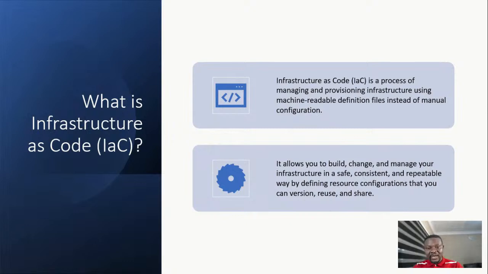You don't have to make errors. It takes away human errors in the process of deploying our code. It allows us to build, change, and manage your infrastructure in a safe, consistent, and repeatable way by defining resource configuration that you can version, reuse, and share.